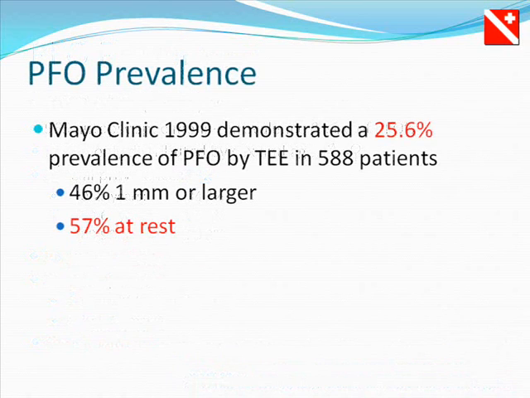In a subsequent study of TEE patients, they found pretty much the same prevalence, about 25%, but they found that out of those, half were shunting at rest. In other words, when they did a contrast study, these people were shunting even though they weren't doing a Valsalva. And technically that would mean they had a functional atrial septal defect.